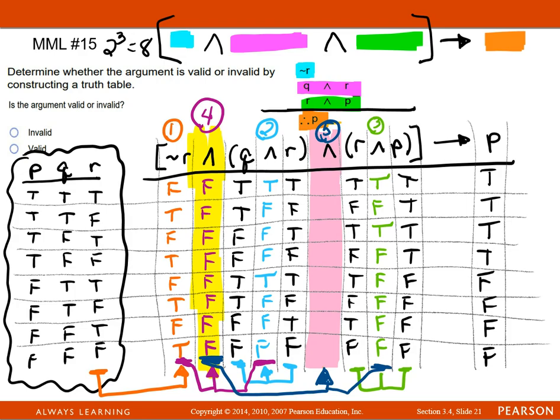So I'm comparing column 4, which is the burgundy one, and column 3, which is in green. And because column 4 is all F's, it's impossible to get 2 T's. So this conjunction column will all be F's.